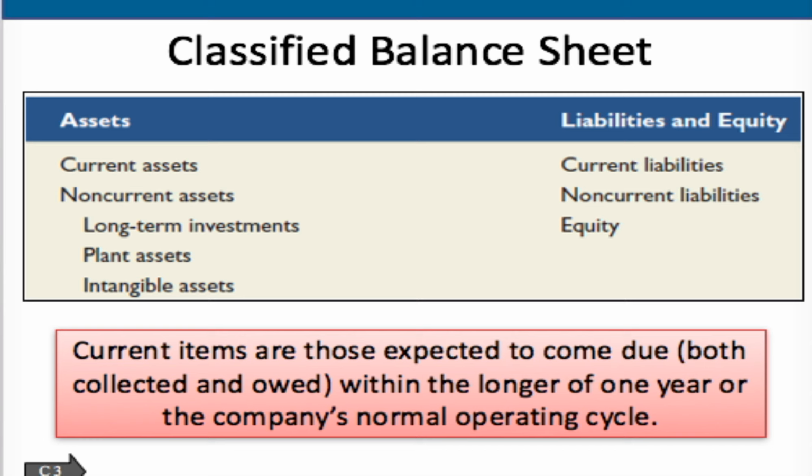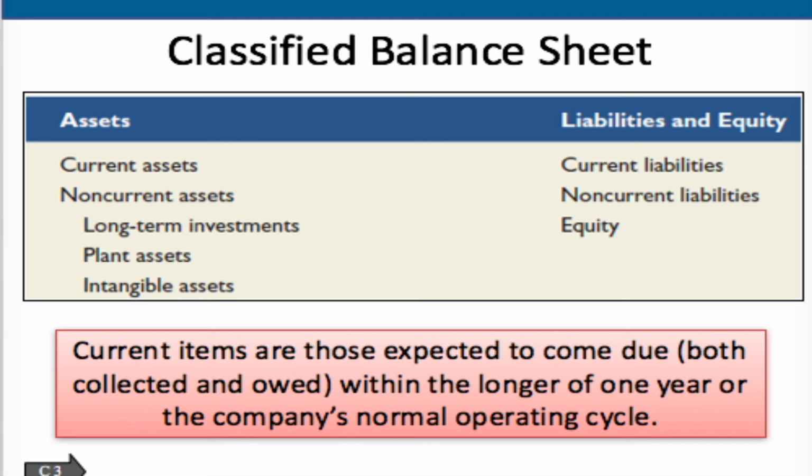The process of acquiring inventory, selling inventory, collecting cash may take longer than a year for a big dollar item like that. So in those cases, the balance sheet current asset section would include items that could be turned into cash within that operating cycle.